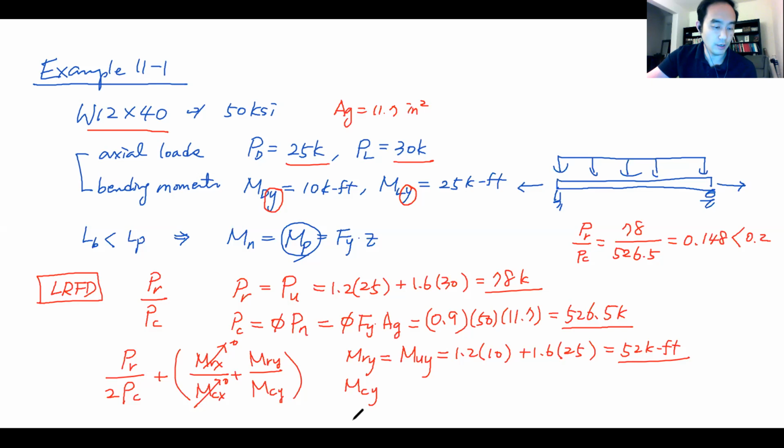And MCY, which is capacity. So MCY, and in this case, LB is less than LP. LB, unsupported length, right? And LP for W12 by 40 section. Let me just look up the value. And you can find out LP. In this case, you don't need to look up this number, but I just want to give you an idea what it is and how we can find out those numbers.